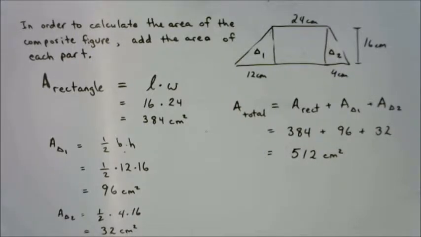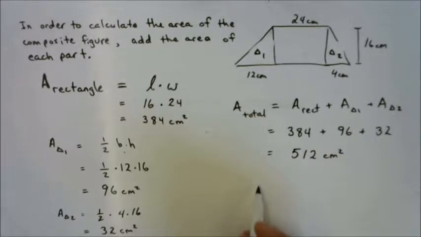Alright, that was one way to do it. We're going to double check to see if we got that answer right by using our area for a trapezoid. The area for a trapezoid we have already at the top of our page. I'm going to use just a slightly different form of it.